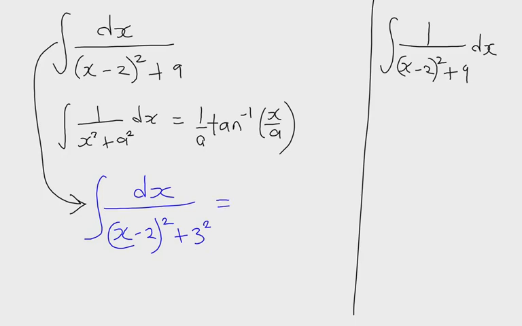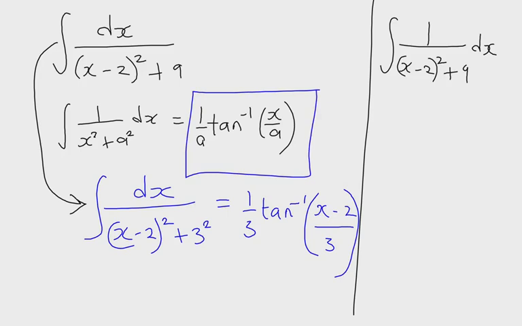And then the answer, writing it in this form, will be 1 over 3 tan inverse. Now, minus 2 has been added to that x, so it's going to be x minus 2 all over 3. It follows the same form. Just observe that a is from here, and then we have it here. So we have 3, and then we have 3. And the addition of a constant term to the variable does not change the form of the answer.